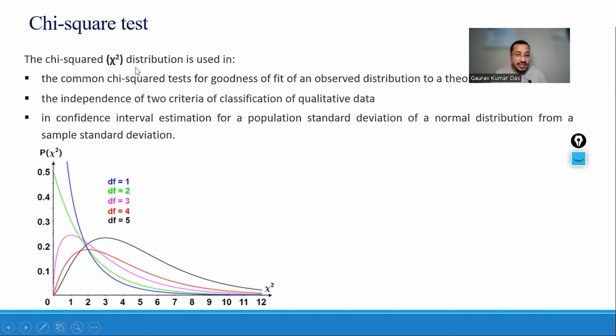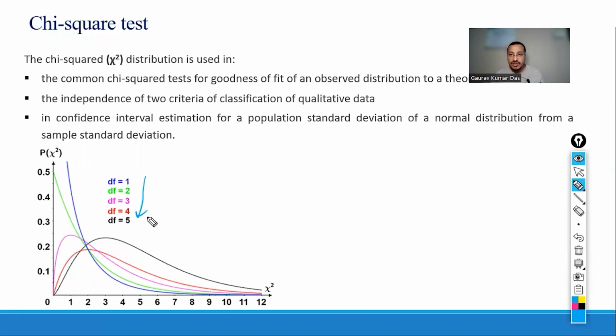As you see, as the degree of freedom increases, my graph becomes less skewed and more like a normal distribution or a bell curve. This is for the blue one, DF1. And slowly, if you keep on increasing the number of data points, it approaches a bell curve.